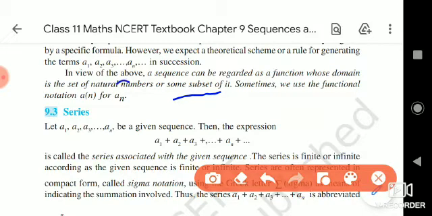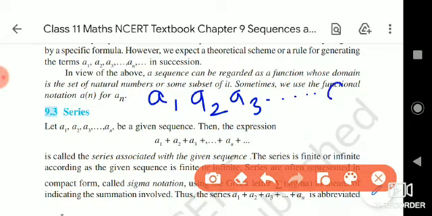The terms of the sequence are denoted by notation like A1, A2, A3, and so on, AN. Generally, the sequence's nth term will be denoted by AN, and AN is called the nth term of the sequence.